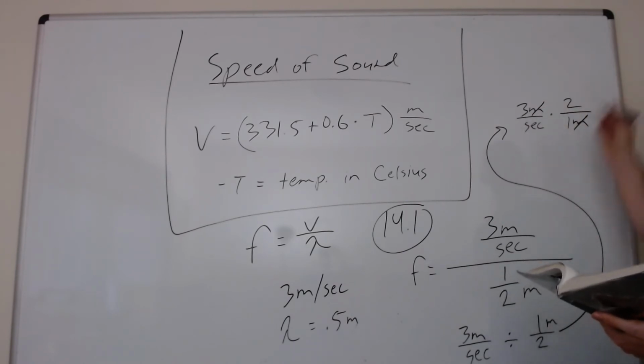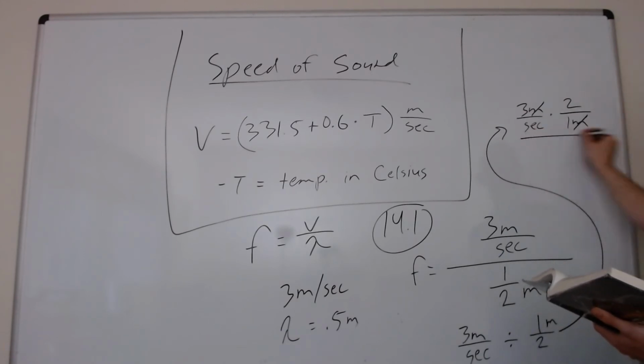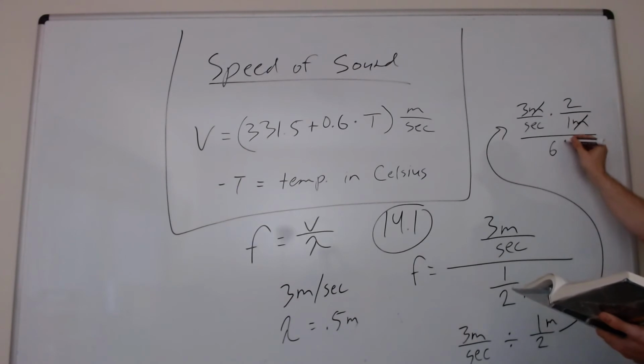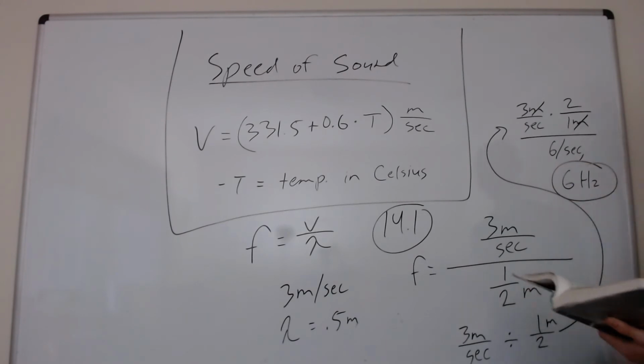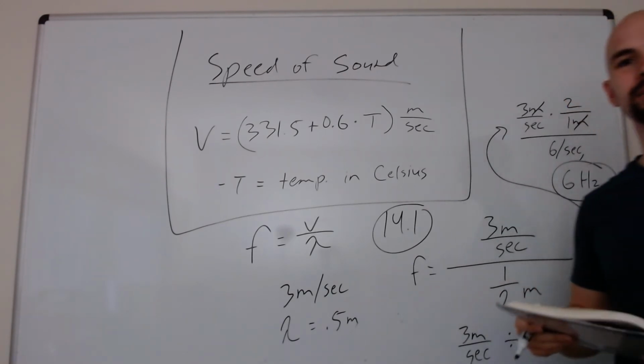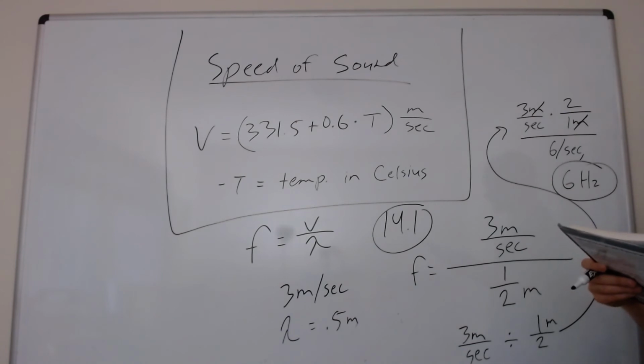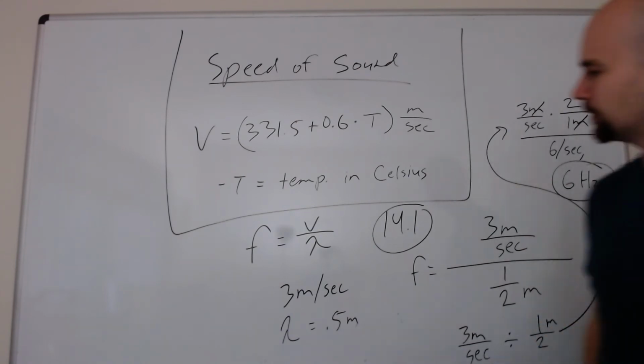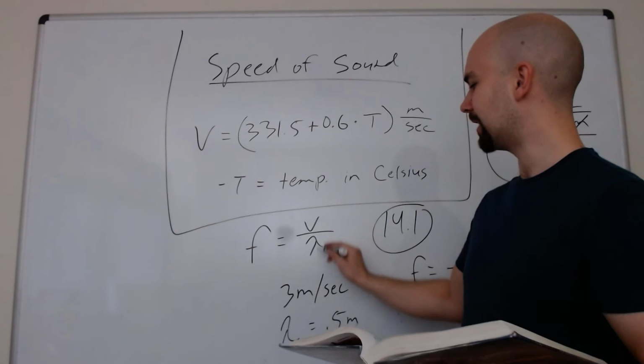And then what do we get? We get 6 wavelengths per second, aka 6 hertz. So that's how you can calculate frequency based on knowing the wavelength and speed of a wave. Because again, frequency equals the speed of the wave divided by the wavelength.